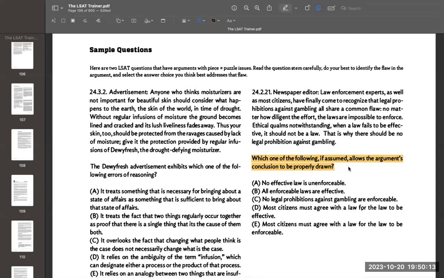Okay, so typically for this type of question, we are going to be looking for some kind of gap or some kind of mismatch between the support offered and the conclusion. Often it will be the last premise before we get to the conclusion, or it will be the most relied upon premise based on the language that's used.